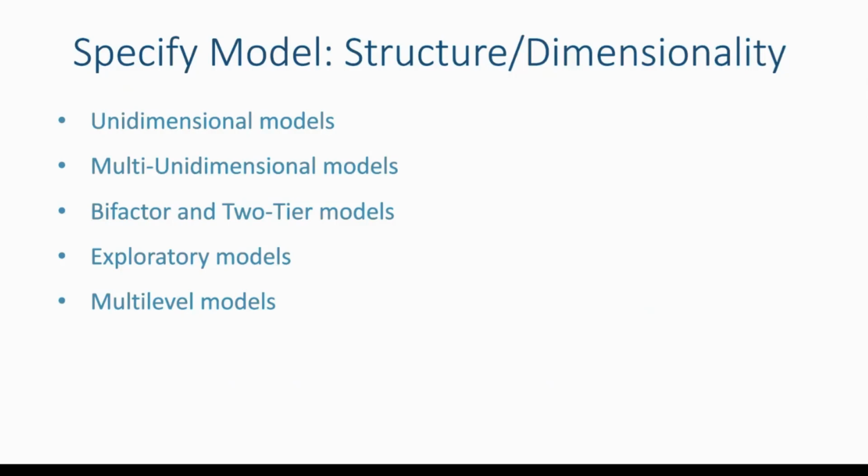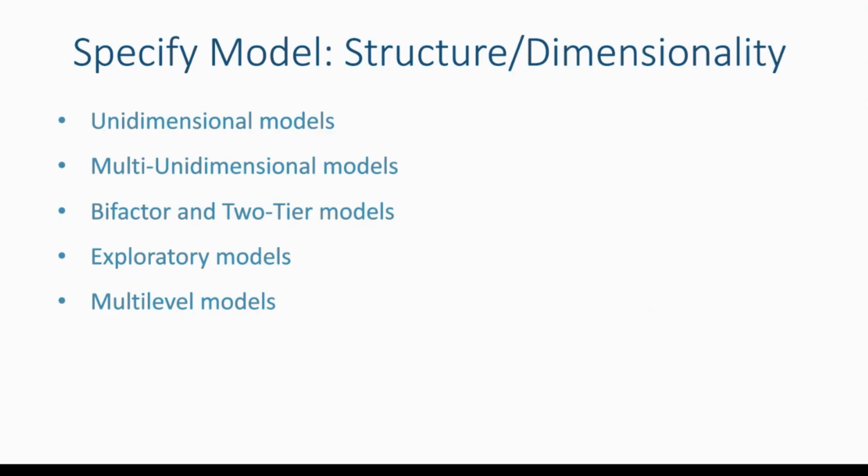Are you going to be specifying a multidimensional model where you're measuring multiple traits that could be either related or maybe low in relationship, orthogonal? Or are you maybe going to specify a bifactor structure for your data, where you're arguing that these various subtraits are related to this more general trait, but they really don't have any substantive meaning on their own, and they're orthogonal to this larger general thing?